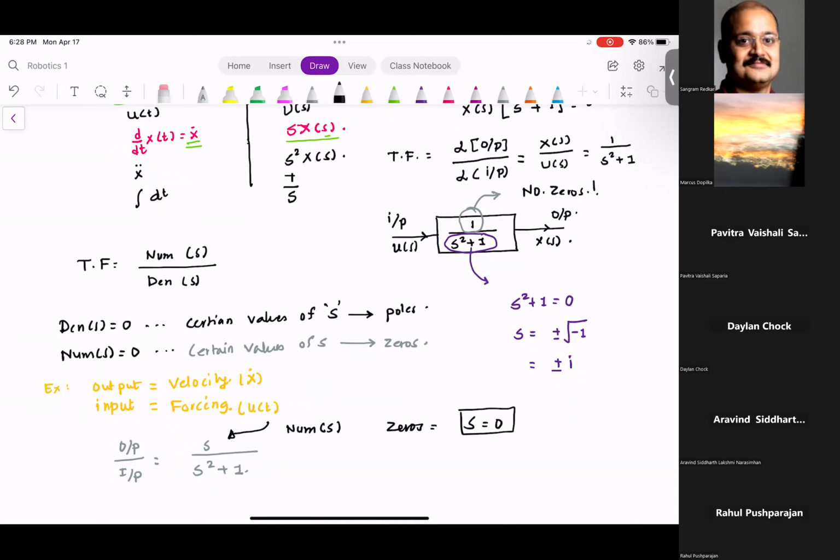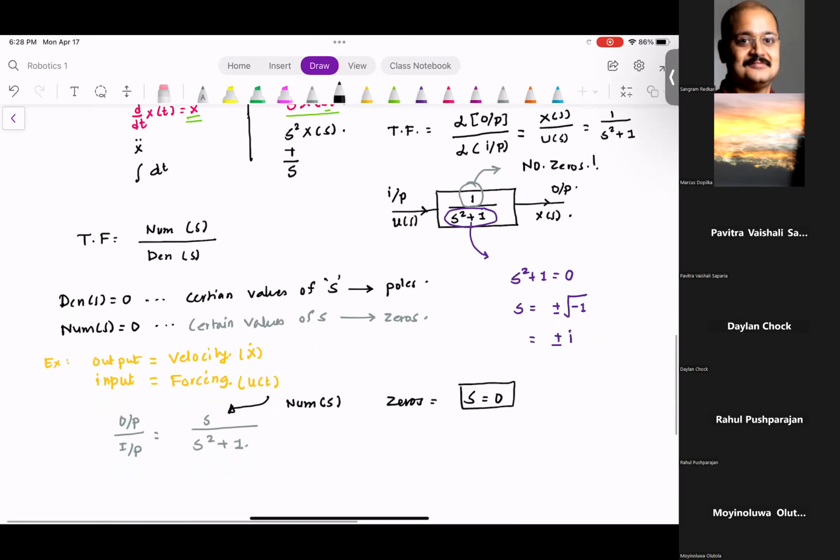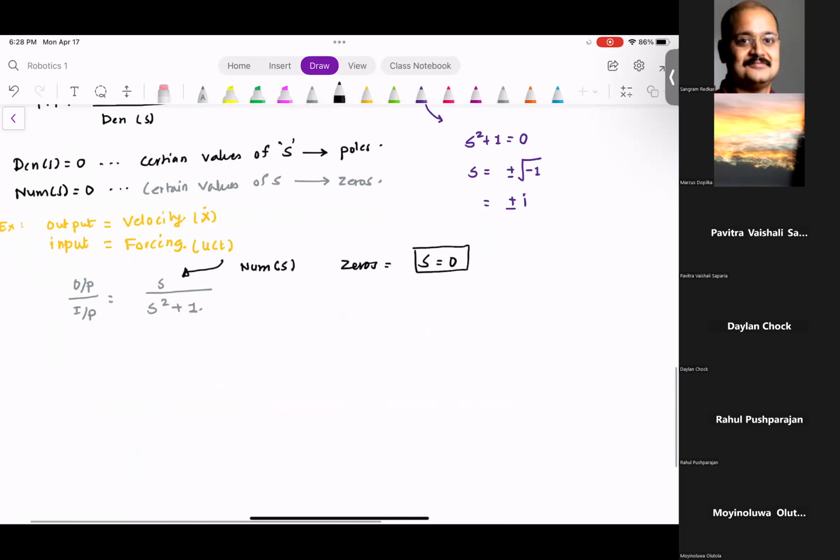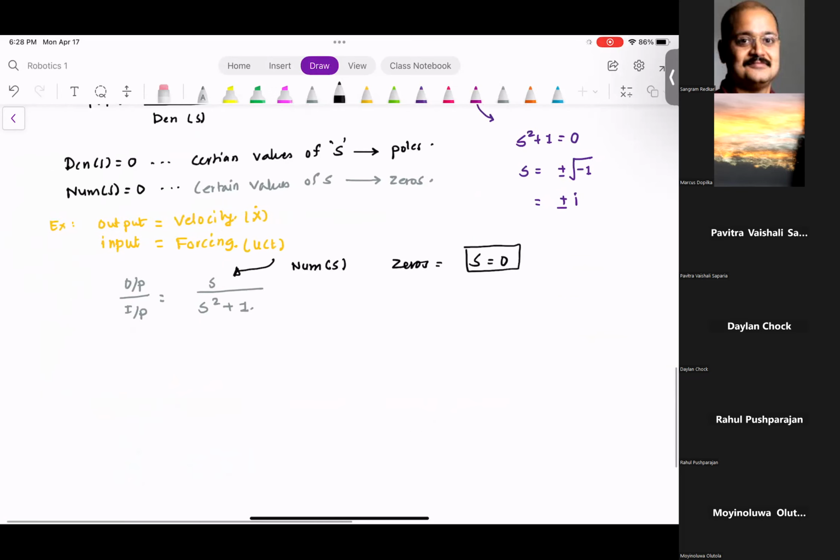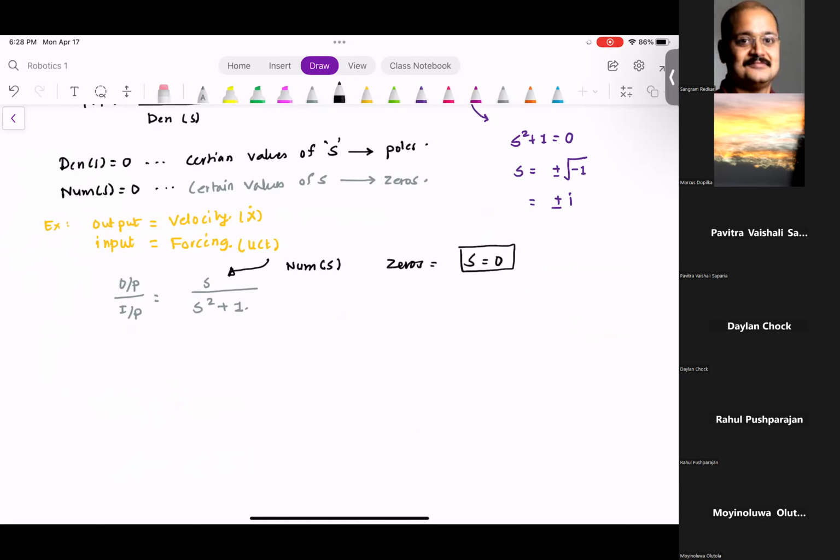So transfer functions are very important and are used in a lot of applications. Let's quickly take a look at how we can use the transfer function approach for control system analysis. A robot would have a certain transfer function.